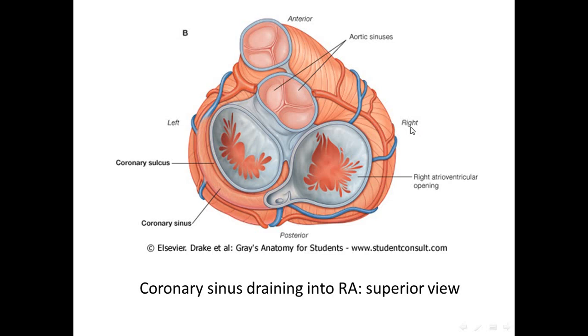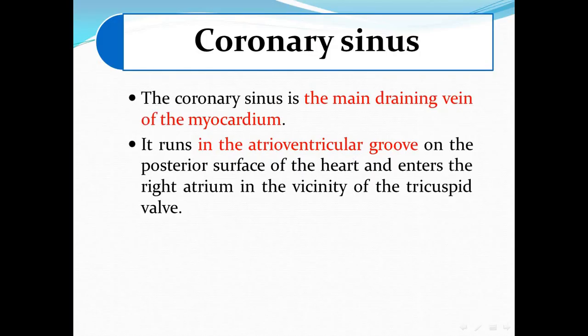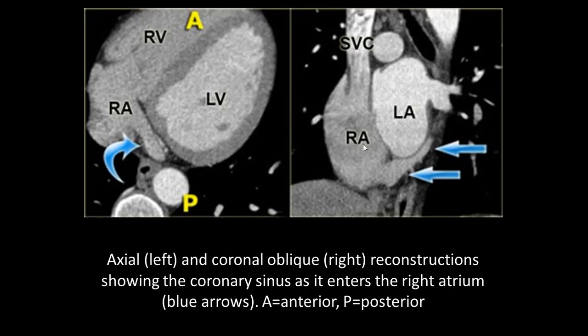This is a superior view. This is right, this is left. So this is the coronary sinus, receiving the blood from the cardiac veins and coming to the right atrium. The coronary sinus is running in the atrioventricular groove on the posterior surface of the heart and enters the right atrium in the vicinity of the tricuspid valve.